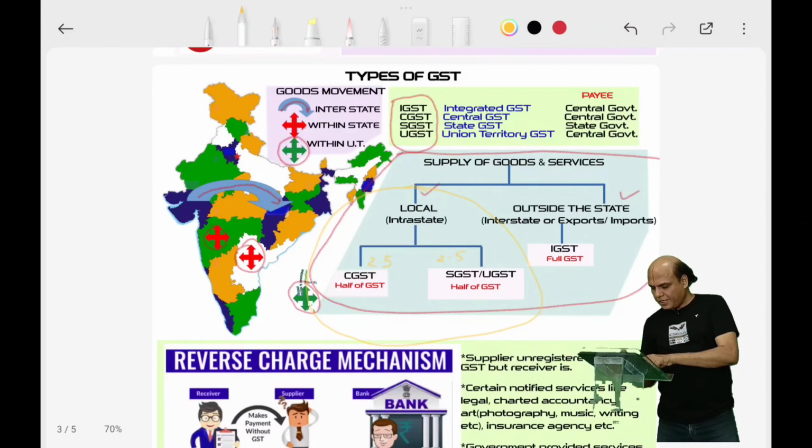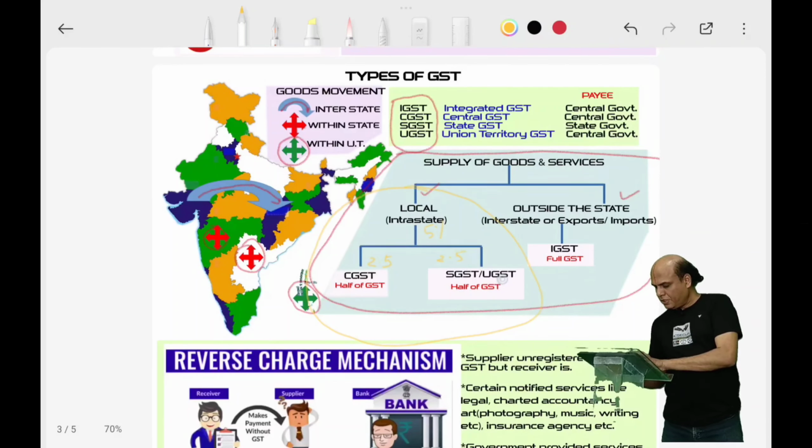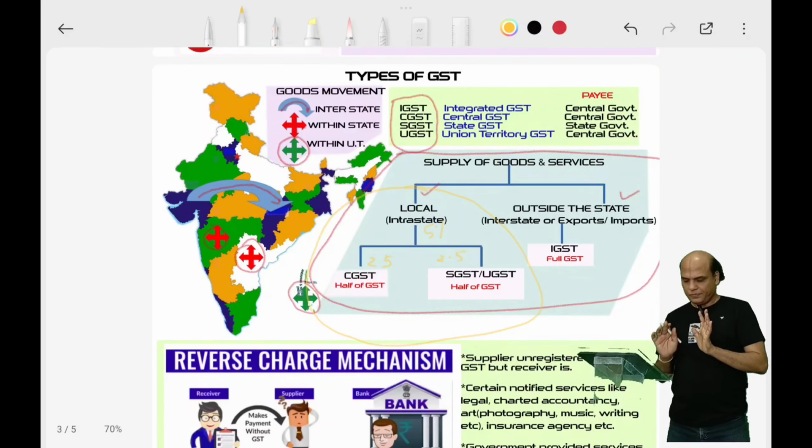So when it is intrastate, we said 5% is the GST levied. That means 2.5% will go to CGST, central government GST, and another 2.5% to state GST. If it is the case of union territory, then UGST. Understand?